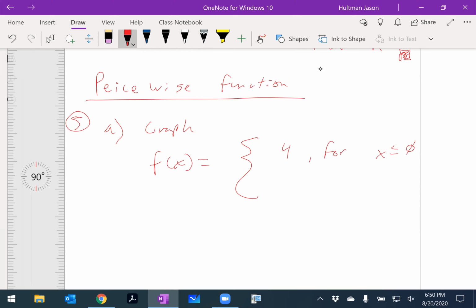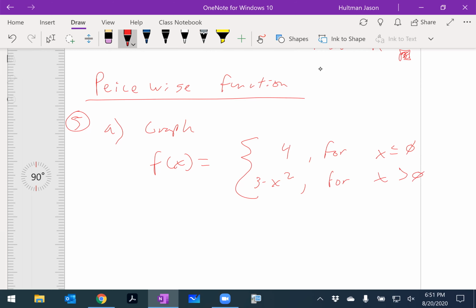So if it's negative, then the function is just 4. And then 3 minus x squared for x greater than 0.